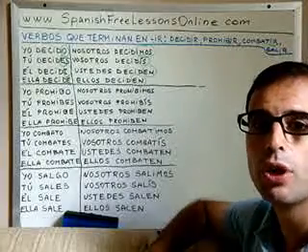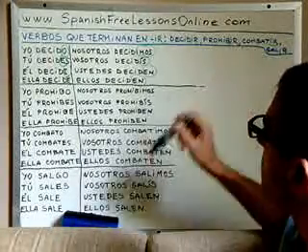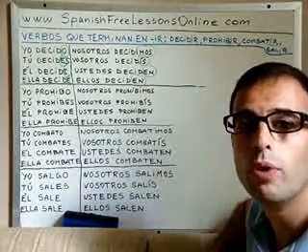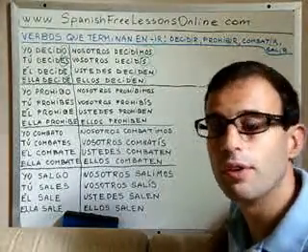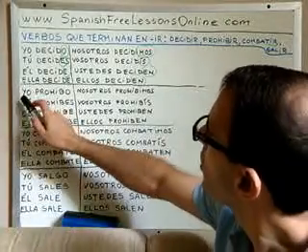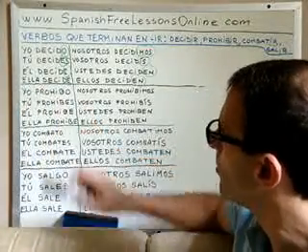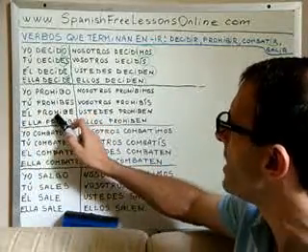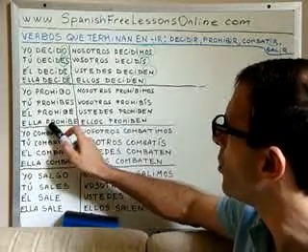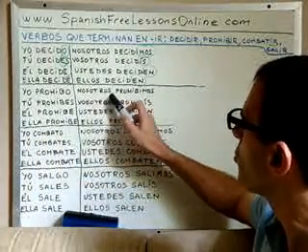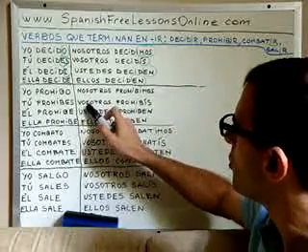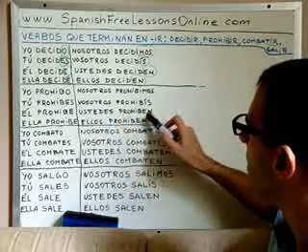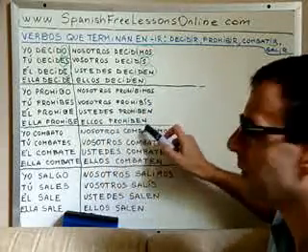Now let's see the verb prohibir, to prohibit. Again, we strip out the ir, the ending, and we replace it with the proper ending for the conjugation. Yo prohíbo, tú prohíbes, él prohíbe, ella prohíbe, nosotros prohibimos, vosotros prohibís, ustedes prohíben, ellos prohíben.